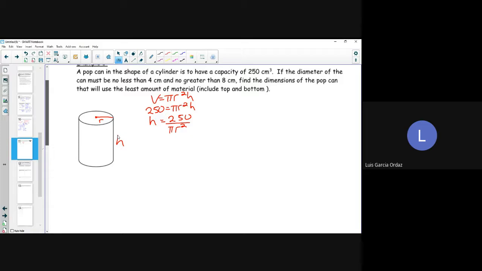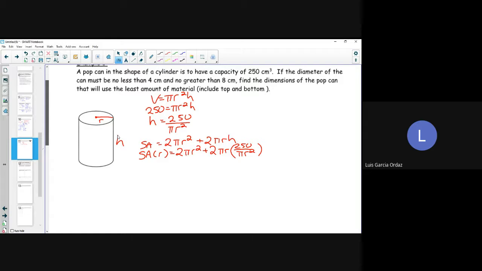So if you guys don't remember, the surface area is equal to 2 pi r squared, because we have two circles, plus 2 pi r h. So we know that we can have our surface area in terms of r, which is equal to 2 pi r squared plus 2 times pi r times 250 over pi r squared.